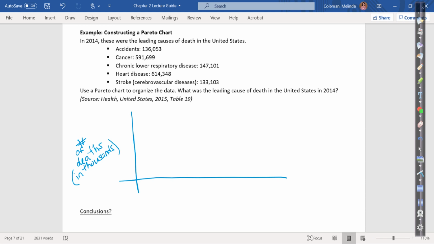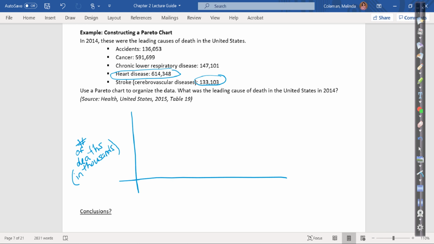So I am going to have to make sure that I am positioning out my numbers so that they make sense. So the largest one would be the heart disease. So that's 614,000. The smallest is a stroke at 133. So my scale on the y-axis has to go to at least 600,000.